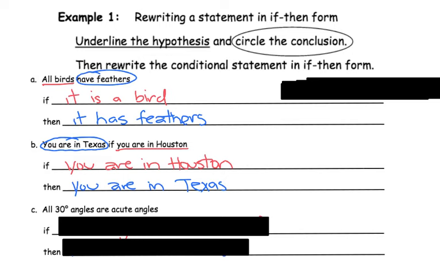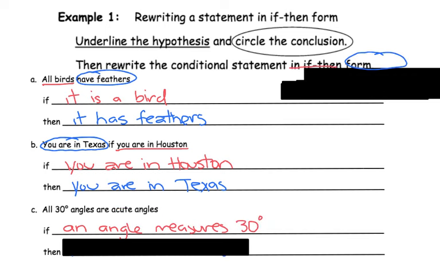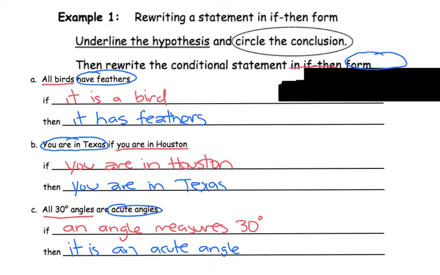So our hypothesis is that all 30-degree angles, and the conclusion are acute angles. So our if-then statement or conditional statement is, if an angle measures 30 degrees, then it is an acute angle.